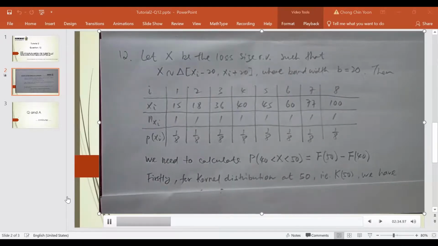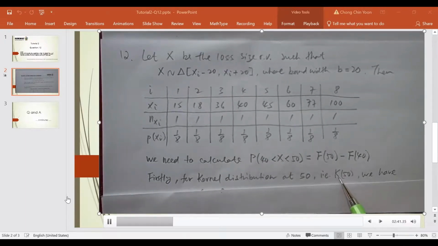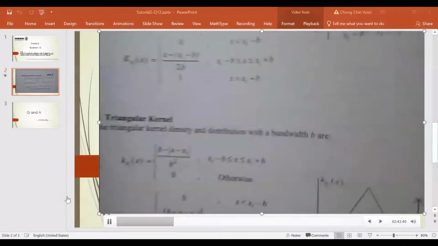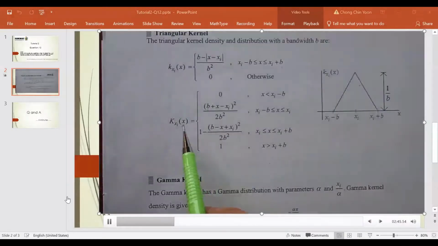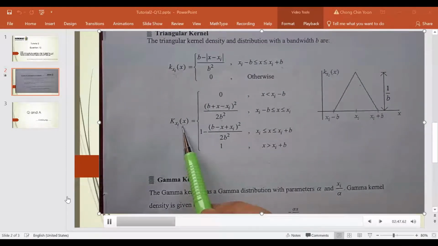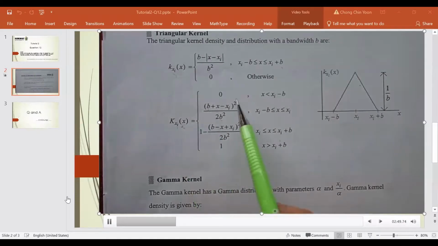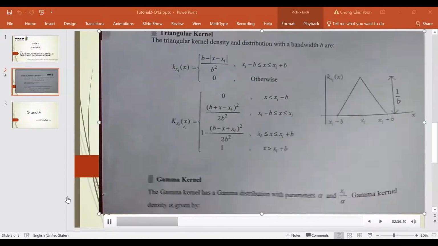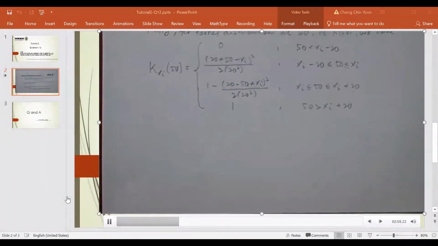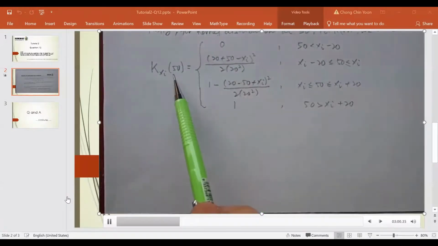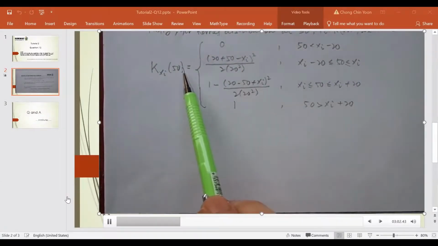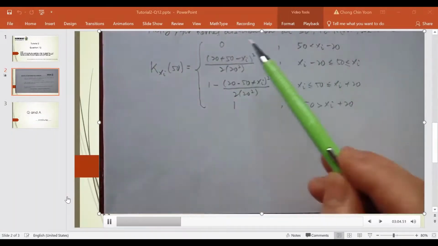Firstly, for the kernel distribution at 50, we have to find what is the K at 50. So we are going to substitute x is 50 and the bandwidth is 20 into here, and also the interval as well. After we substitute, we have this result.